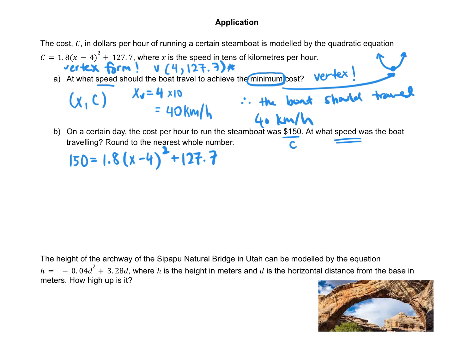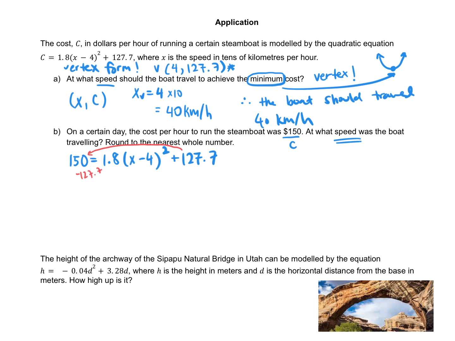Now, because this is in vertex form, this is a perfect time to do isolation. In reality, I can expand and simplify to turn it into standard form and then solve by factoring, but it might actually not be possible to factor that specific equation we get, so isolation might actually be the only method. So I'm going to bring the 127.7 over, and it becomes subtraction.